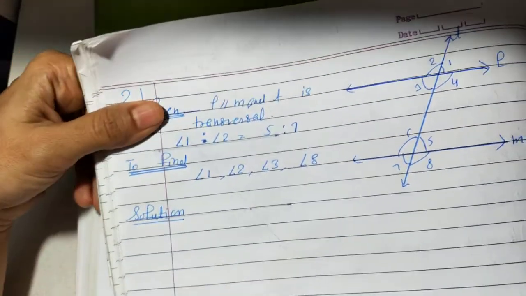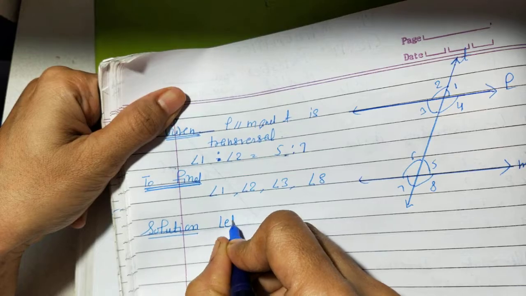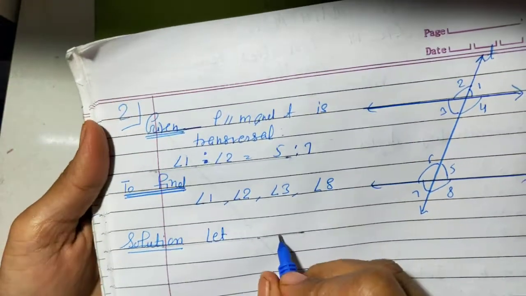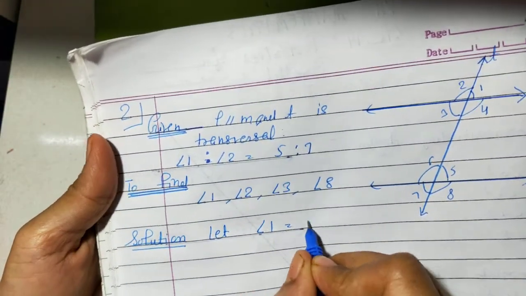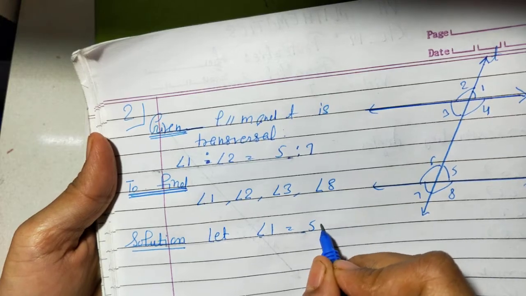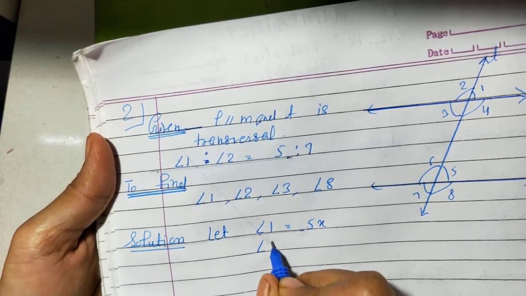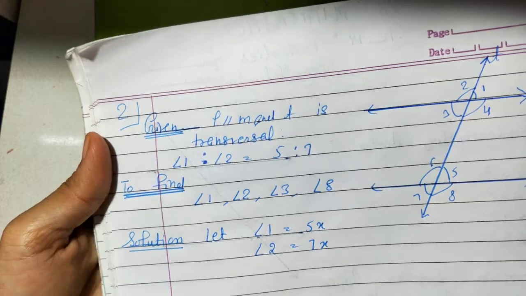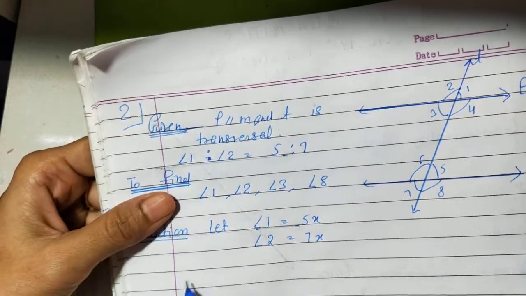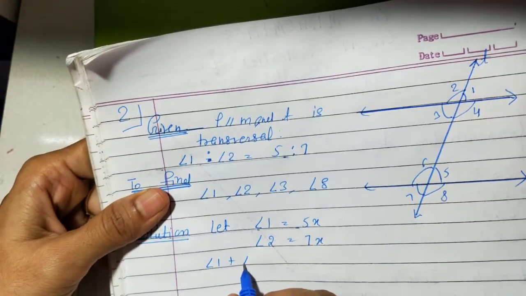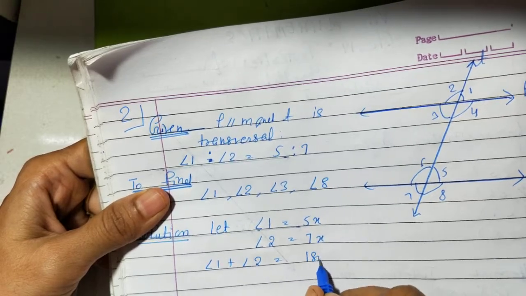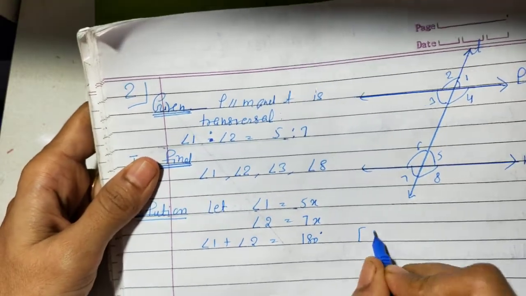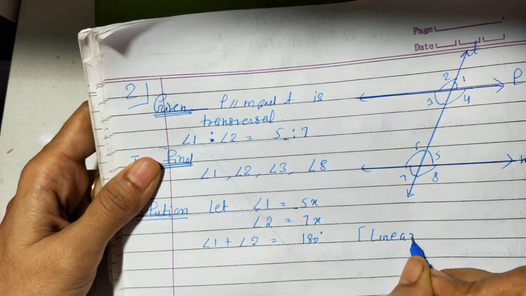Let us start our solution. Because we have been given the ratio of these angles, let angle 1 measure 5x, or you can write 5a also, and angle 2 as 7x. Getting? Now we know that angle 1 plus angle 2 is equal to 180 degrees. Linear pair, they are forming a line.